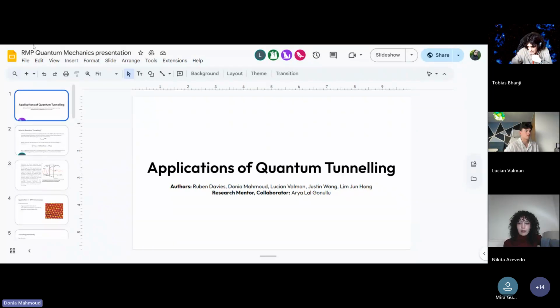Okay, so we were doing the applications of quantum tunneling, and our mentor is Arya Gonullu. I don't think she's here though. Arya's not well tonight, so she couldn't be with us, unfortunately.